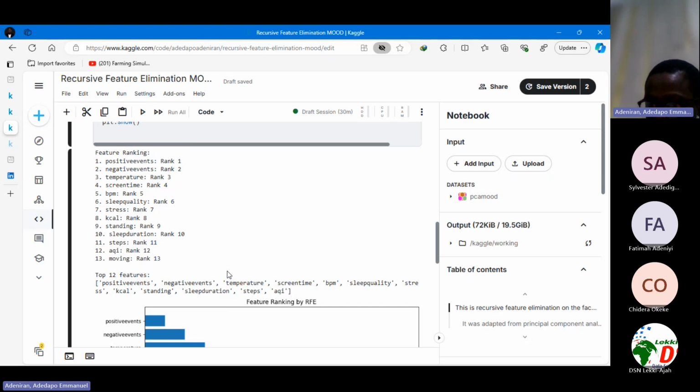Some can also use absolute accuracy, micro accuracy, macro accuracy. In a classification problem, you use micro and macro accuracy. In a regression problem, you use R squared, mean squared error, or mean absolute error. Those are the metrics you use to know how well your model is performing. I hope I've been able to answer your question well.